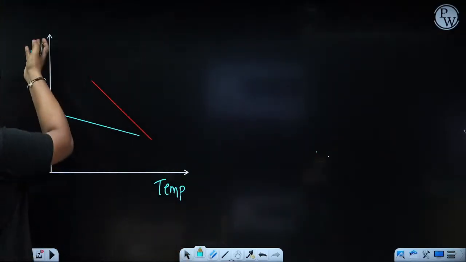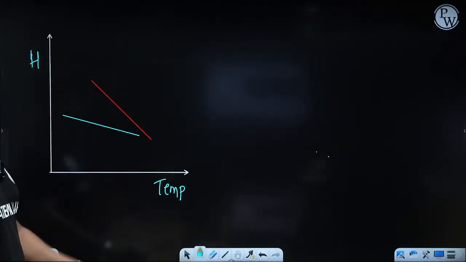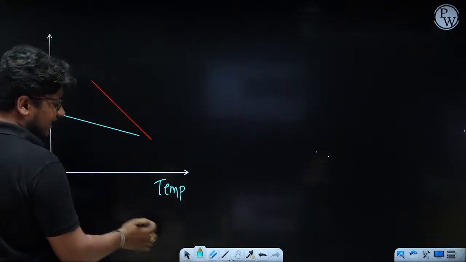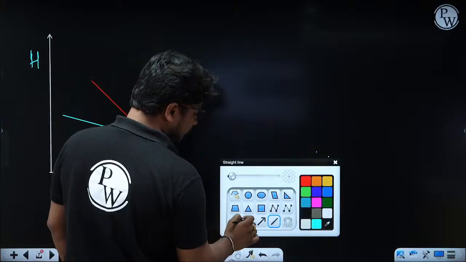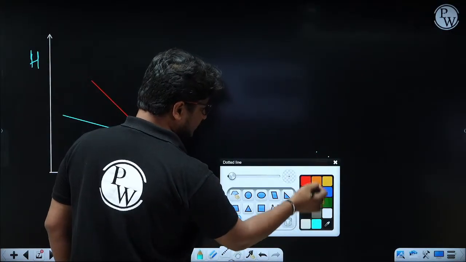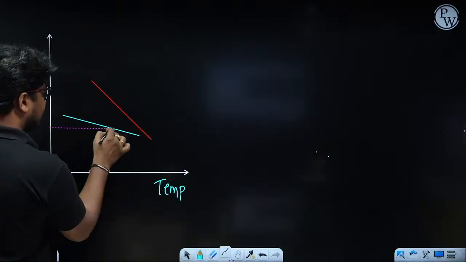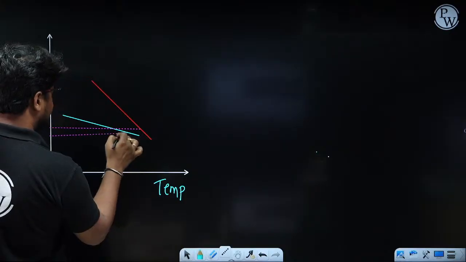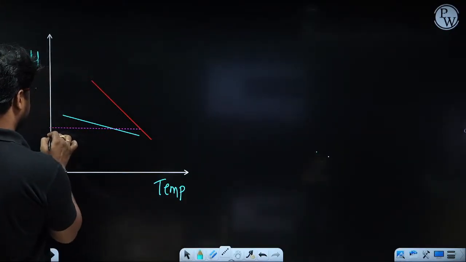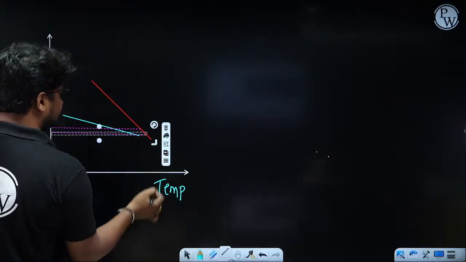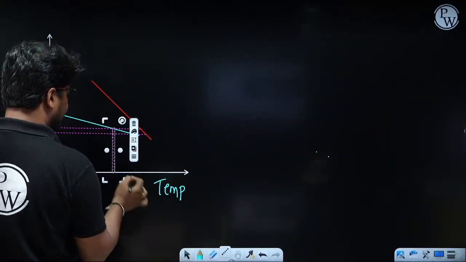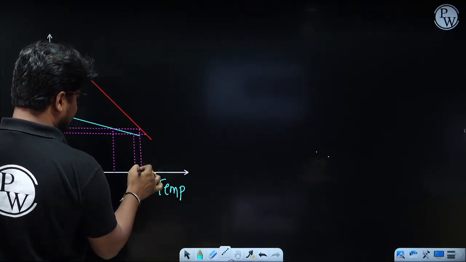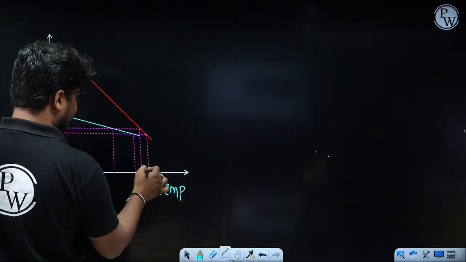As you increase the height, you will see that temperature is decreasing, for ALR and also for ELR. But if you compare these two, you will see that for the same height change, I'm just showing it to you in the first case.